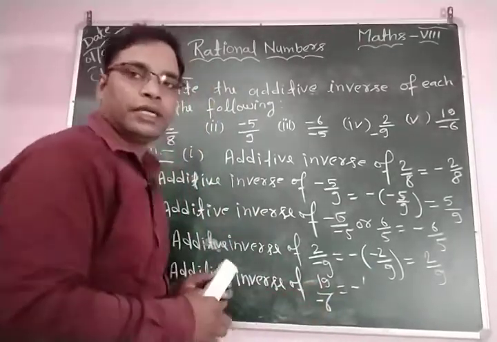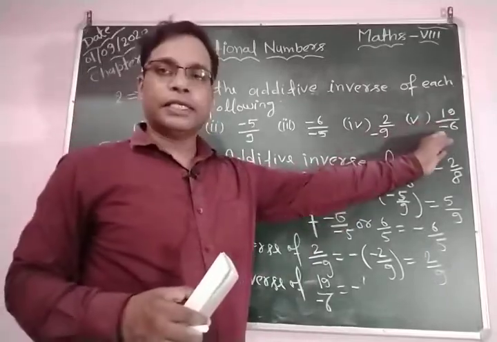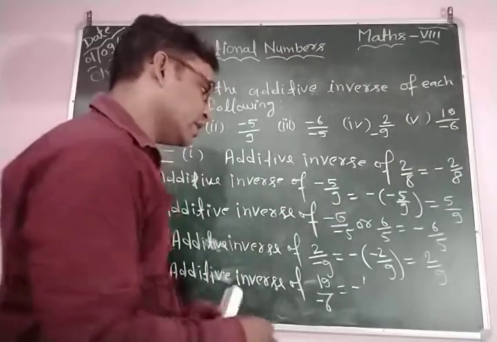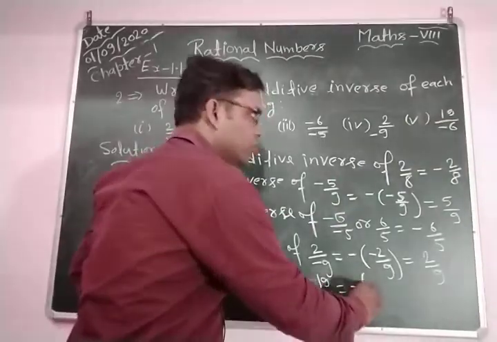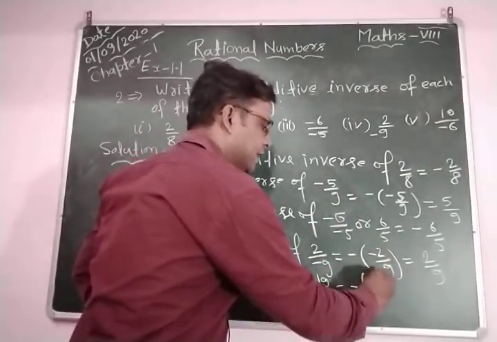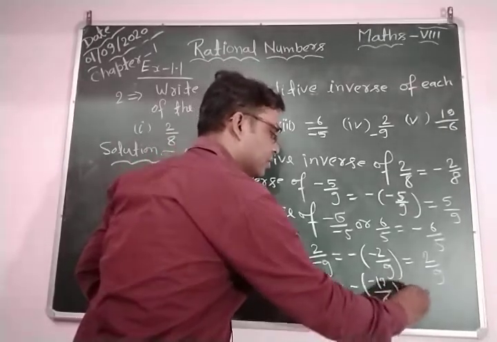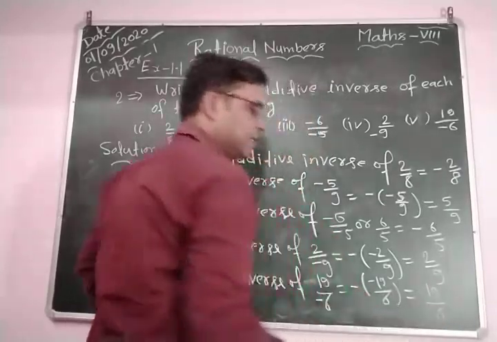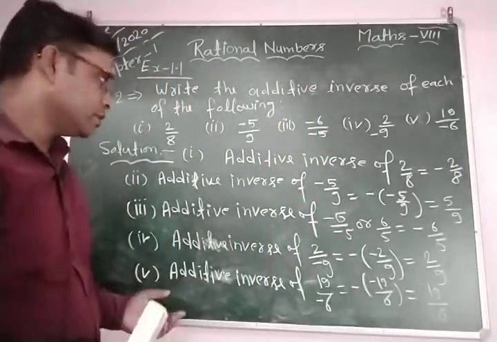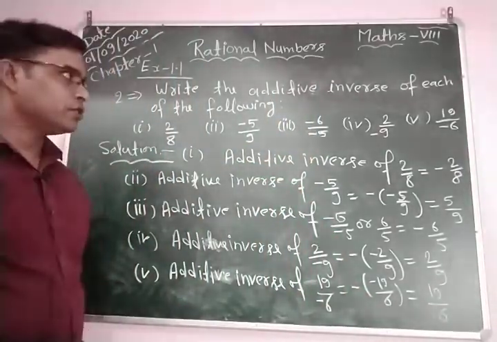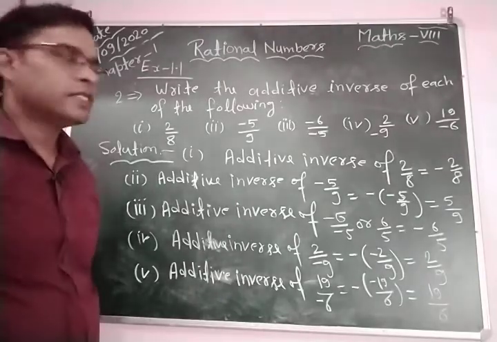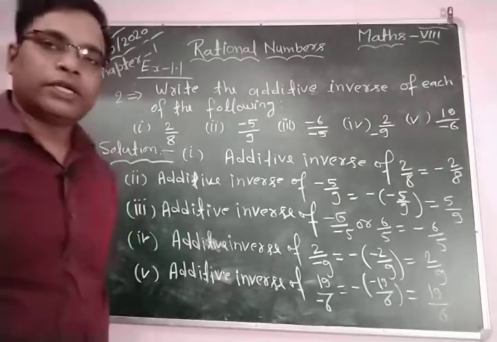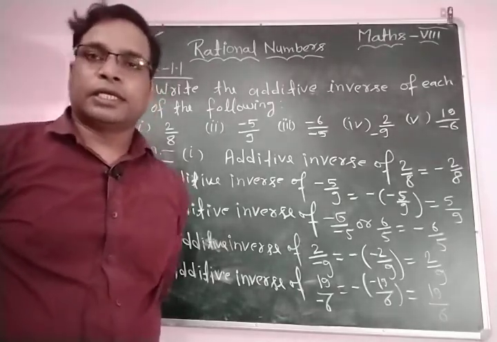You can also write 19 by minus 6, you can also write minus 19 by 6. Okay, so the additive inverse of this, minus 19 by 6, is equal to plus 19 by 6. So students, I hope all of you understood how to find the additive inverse of any rational number. For the additive inverse, we just change the sign.